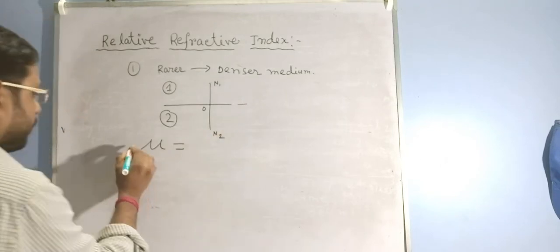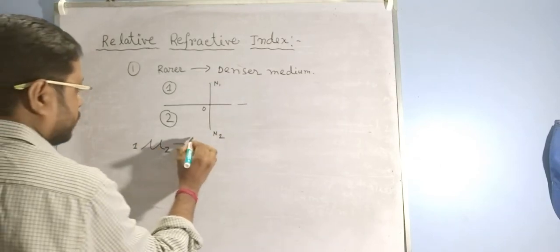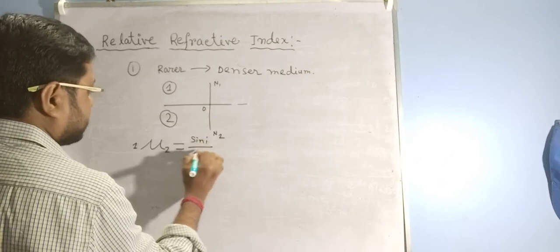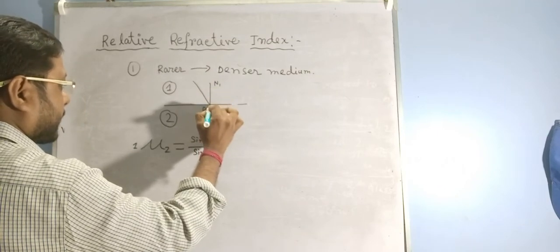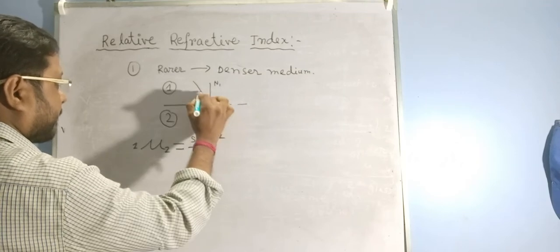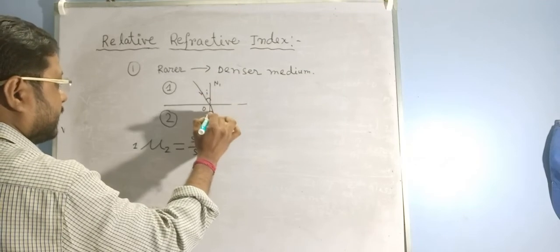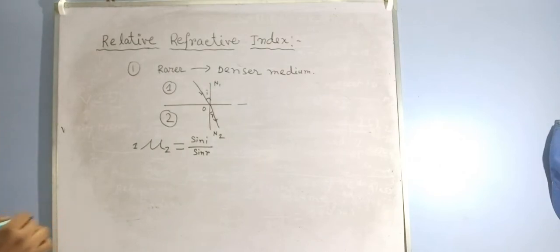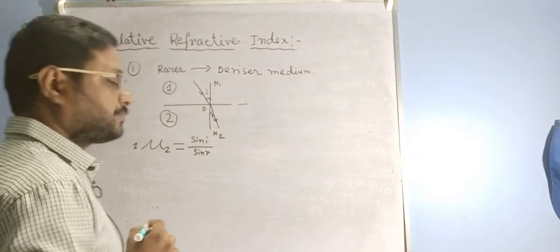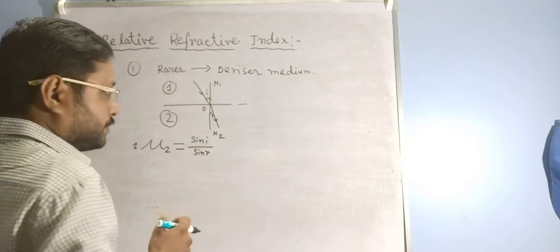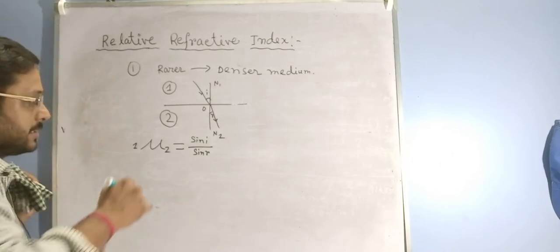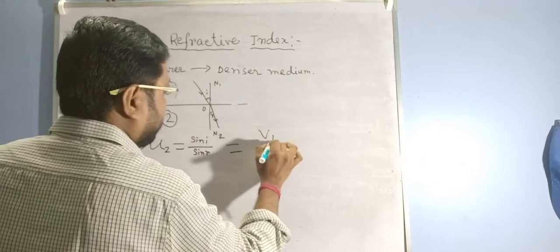Now we know mu 1 to 2 is equal to sin I by sin R. This is I and this angle is R. Sin I by sin R, in this case equal to V1 by V2.